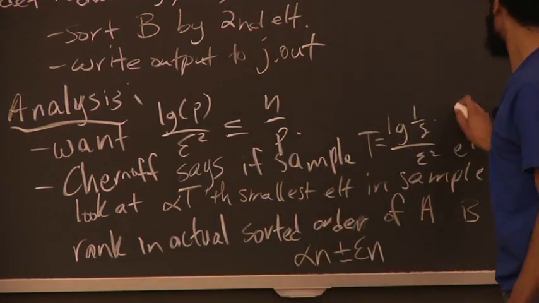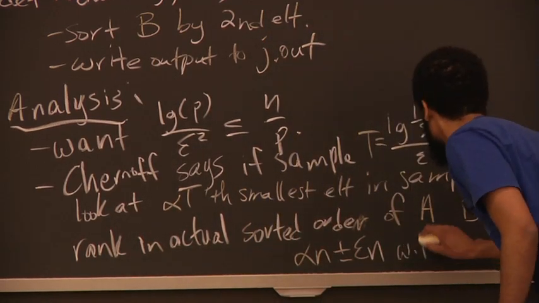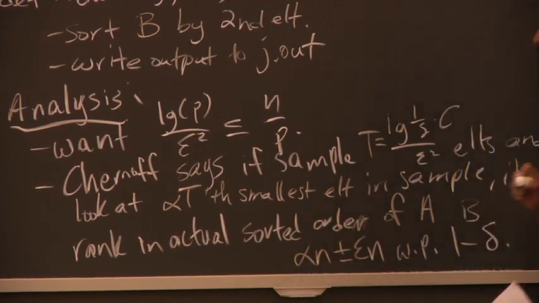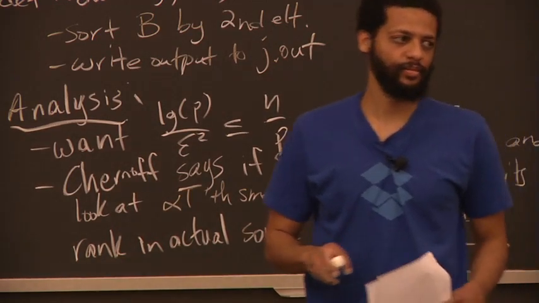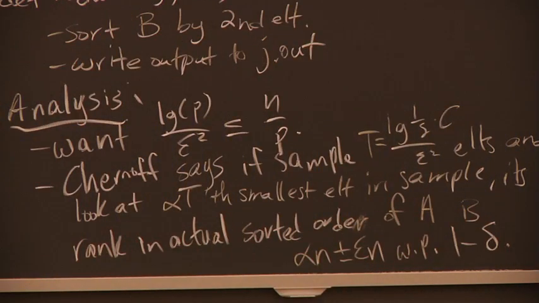Let's say there's some constant here, with probability 1 minus delta. So that's implied by the Chernoff bound. Maybe I'll just leave that to you as an exercise.